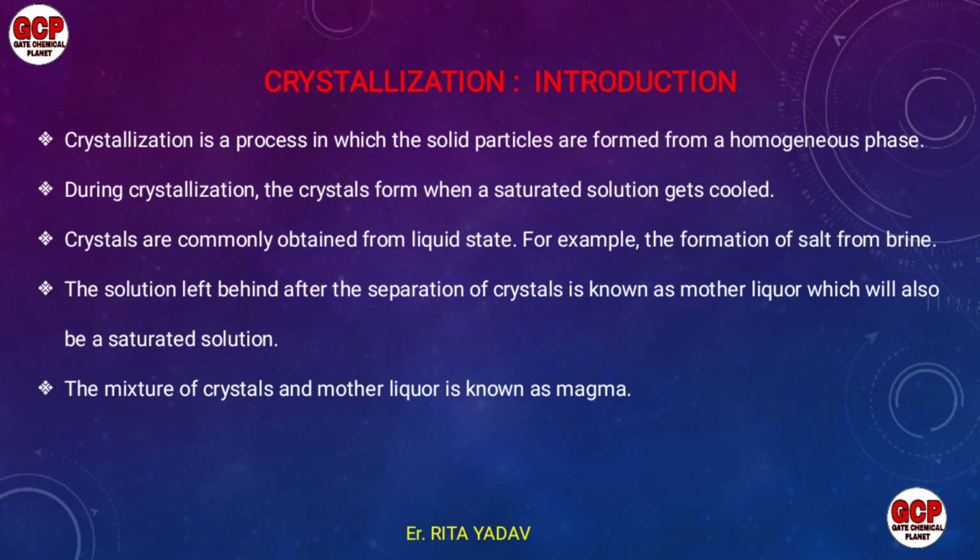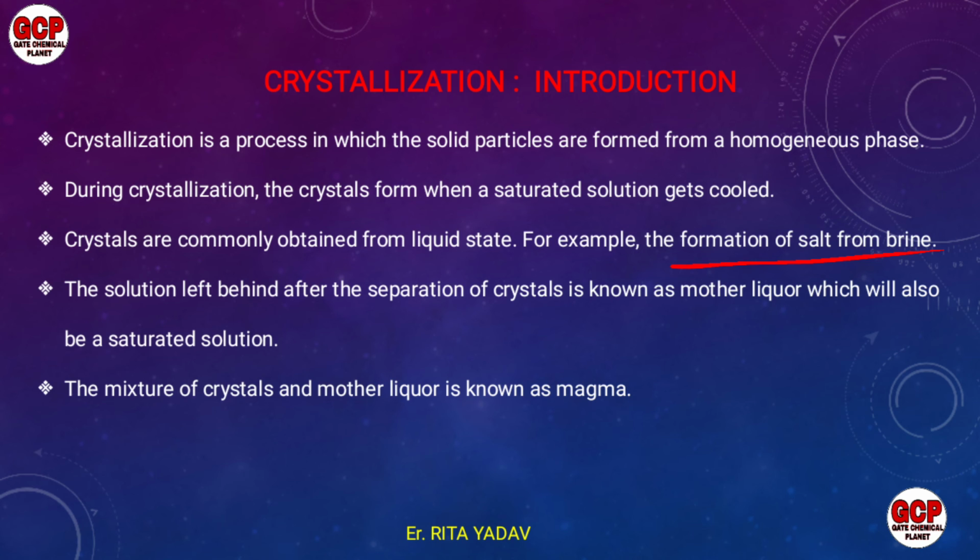First we will discuss what the crystallization process is. Crystallization is a process in which solid particles are formed from a homogeneous phase, and crystals are formed when a saturated solution gets cooled. The crystals are commonly obtained from the liquid state, for example, the formation of salt from brine.